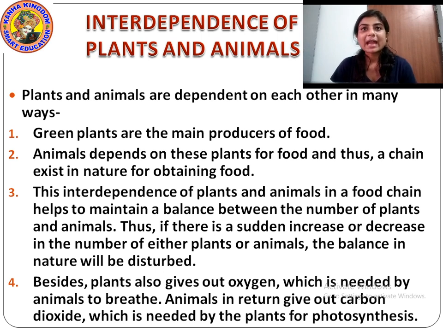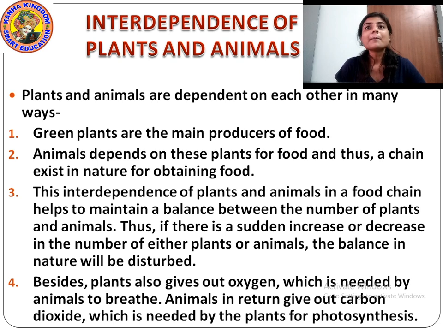This interdependence of plants and animals in a food chain helps to maintain a balance between the number of plants and animals. Thus, if there is a sudden increase or decrease in the number of either plants or animals, the balance in nature will be disturbed. The food that is prepared by the plant, if it is not taken by the animals, will be wasted. Yes or no?